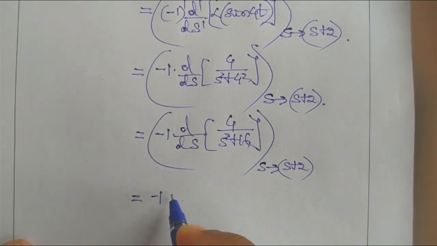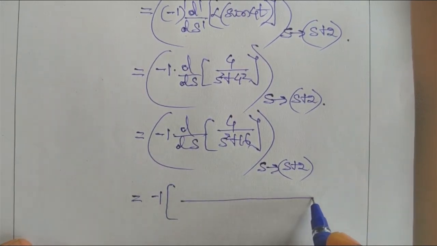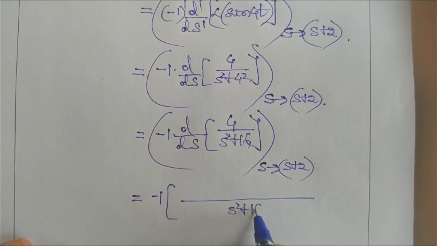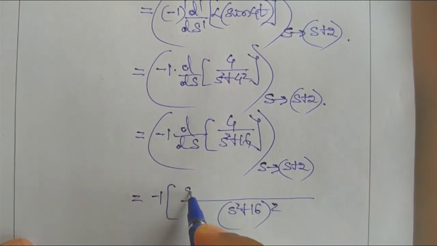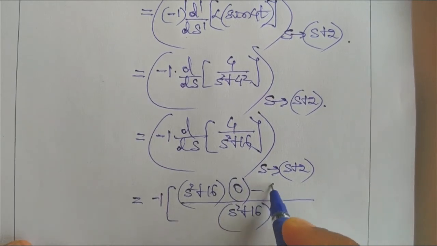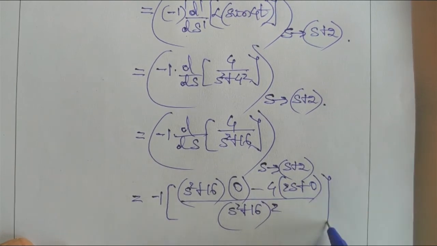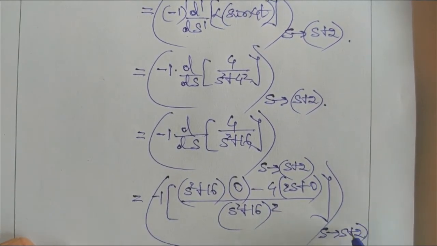Now you start differentiating this. Differentiation of this is s square plus 16 whole square in the denominator, and s square plus 16 into differentiation of 4, which is 0, minus 4 into 2s plus 0, where s tends to s plus 2.